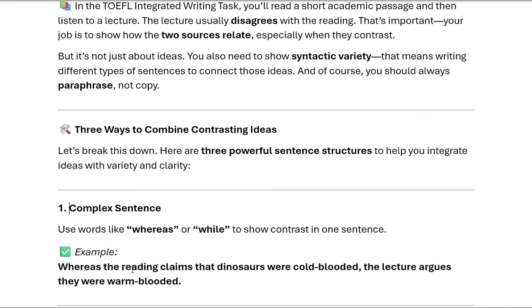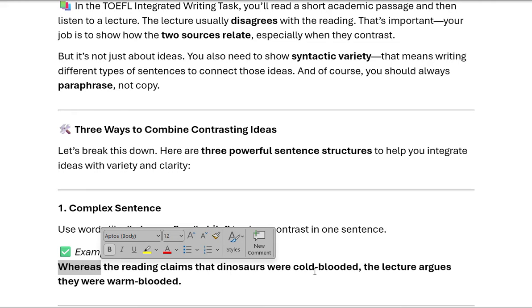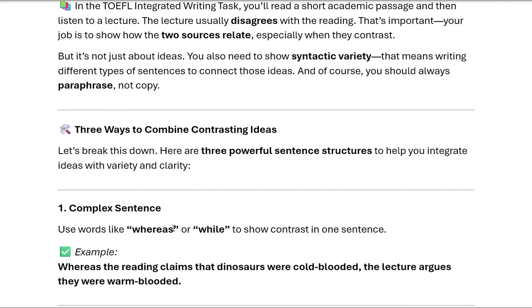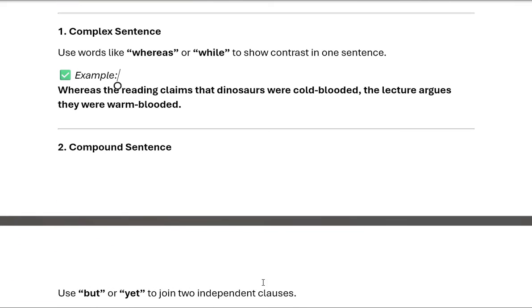We call these subordinating conjunctions. We're creating what's called a dependent clause when we refer to the reading passage, and we're using an independent clause when we refer to the lecture. So that's one way to do it. This is called a complex sentence. It has a dependent and independent clause.